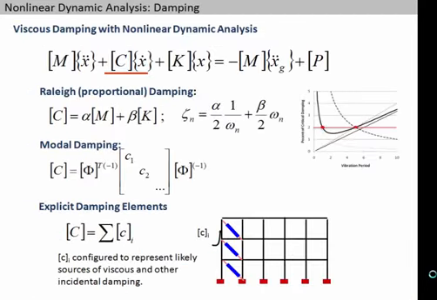And from a mathematics standpoint, it's what we're putting into the C matrix. And of course, once you have that C matrix, you could formulate it with Rayleigh damping of proportional mass and stiffness, and index that to percent critical damping at two values. You could use modal damping. Again, if you have damping elements that you're putting in your structure, viscous dampers, you don't want to put in an effective viscous damping.